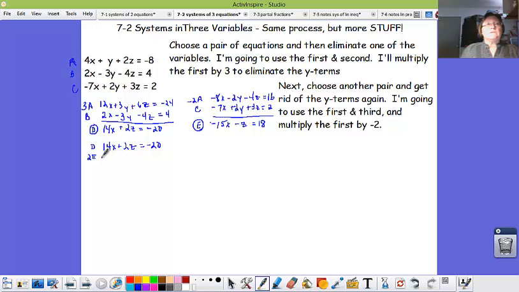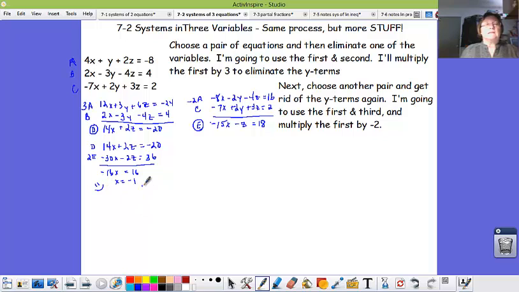Twice the E equation will get us negative 30x minus 2z equaling 36. And now when we combine, the z's will go away. Negative 16x equals 16. So that means x is negative 1 in this system.